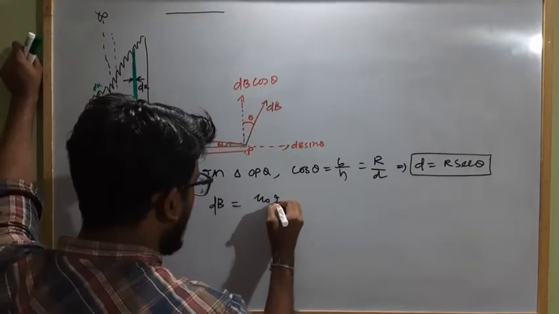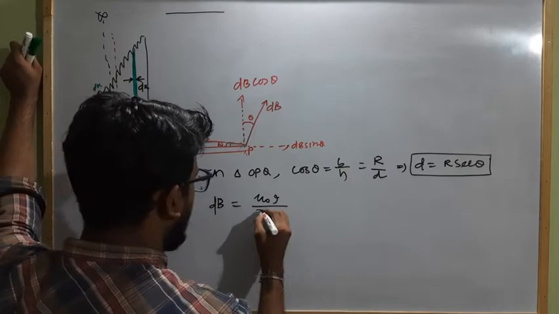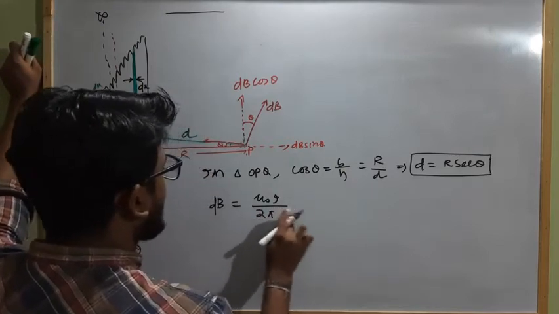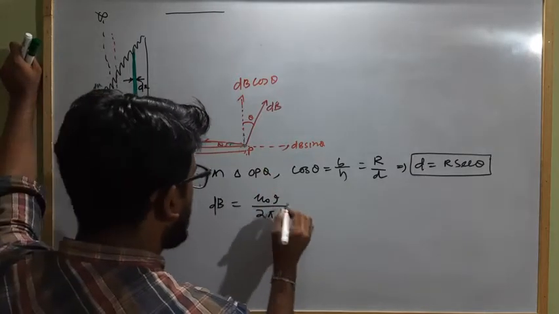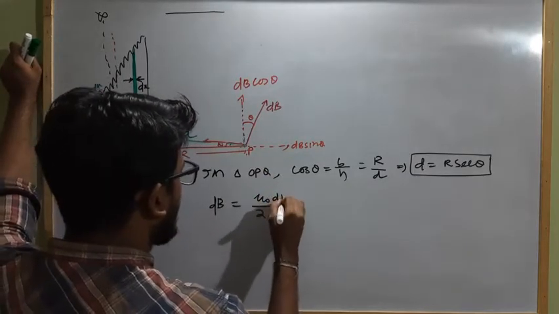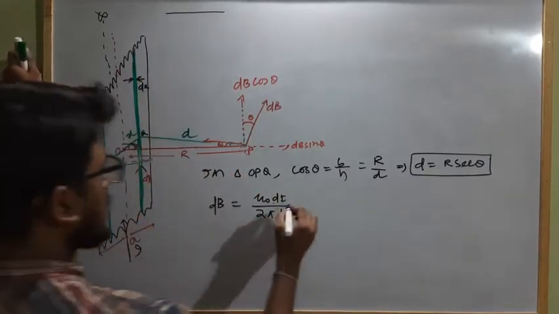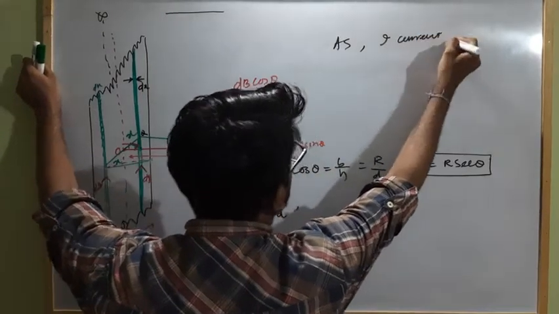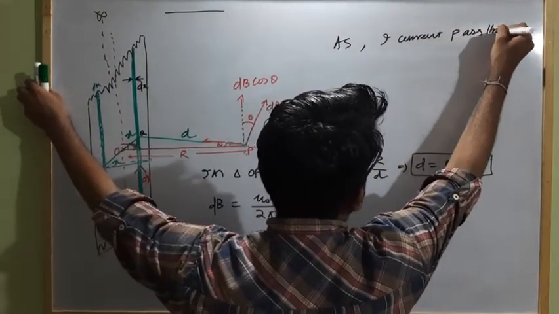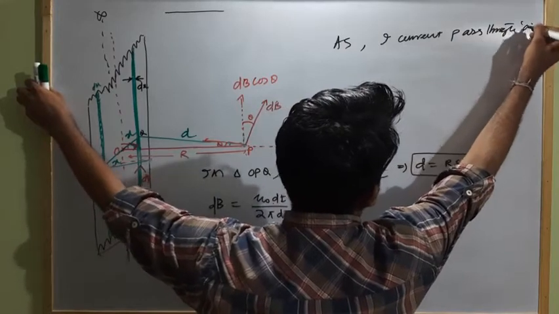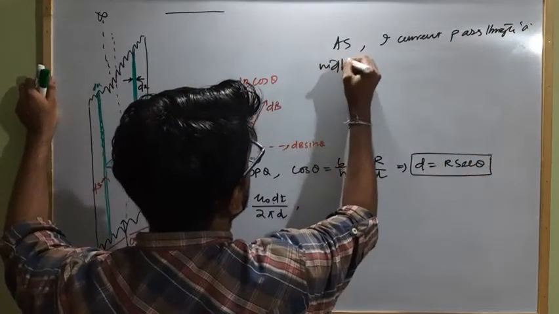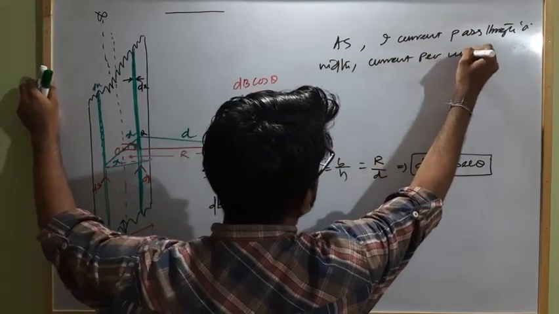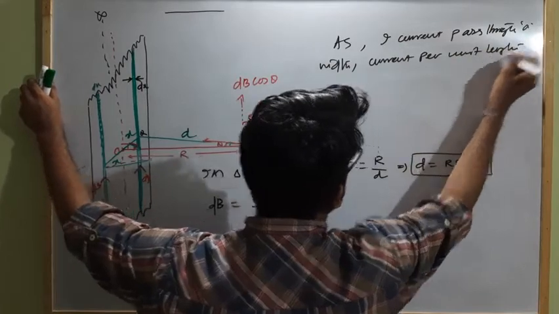Mu naught I divided by 2 pi r, or in this case the r will be how much? d, so 2 pi d, and I will be dI, the current flowing through this length dx. So as current I passes through a width a, the current per unit length will be how much?